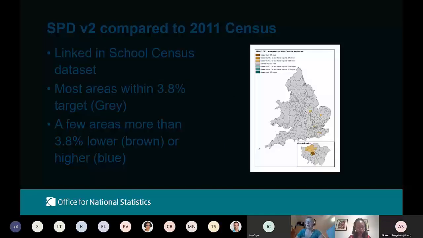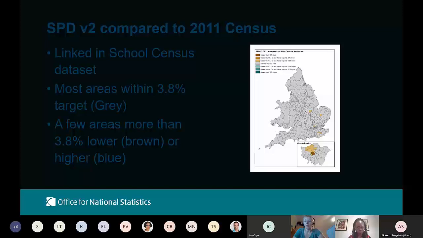This is a map that shows all the local authorities in England and Wales, and compares our second attempt at a statistical population data set to the 2011 census results.